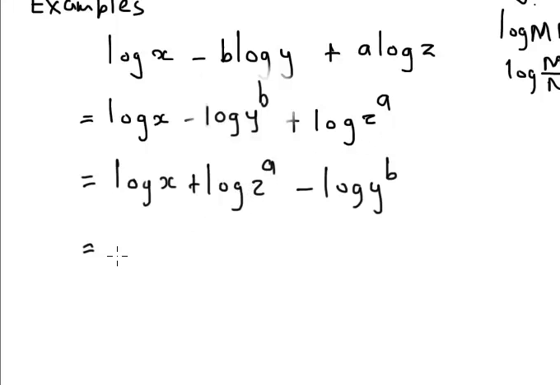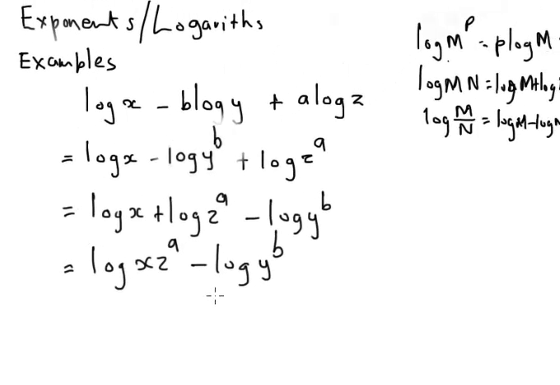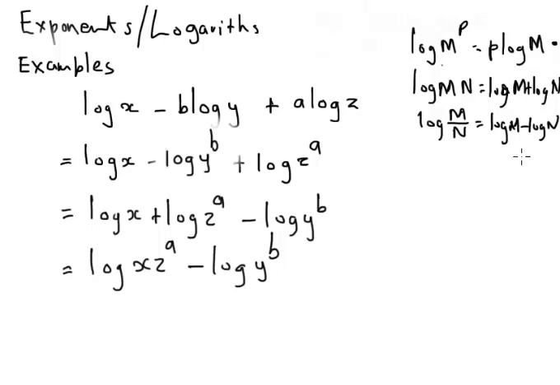X. N is that one. So this will come to log x z a minus log y b. You see what we've got now? We've got 2 logs, but you need 1, isn't it? So what do you need now? That one, isn't it? They just came in the order which I wrote because I looked at it and said, okay, you need 1, 2, 3. I just put them down.